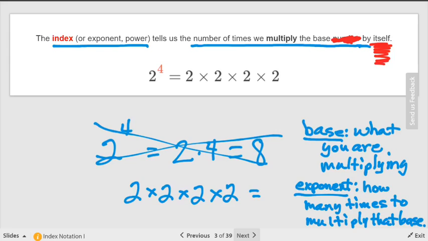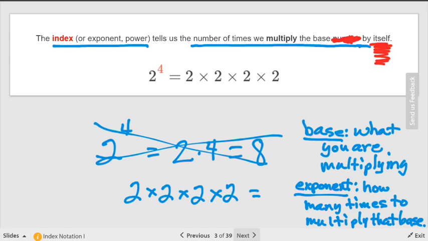Oftentimes what happens is, even if you have seen some of this material before, you haven't been exposed to the terminology too much, right? When you're first learning things, a lot of times teachers don't push the terminology. But now, as you move forward and we get into the algebra sections, what's going to happen is you're going to be told some word, and you're going to have to know what to do based on that word, right?